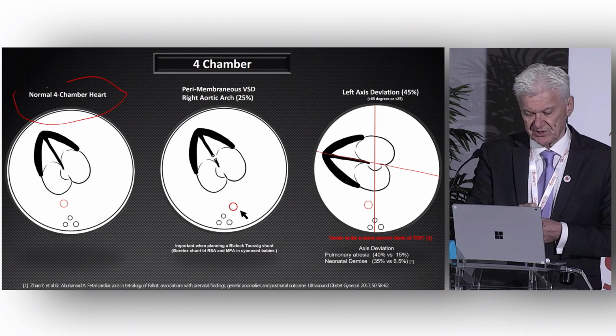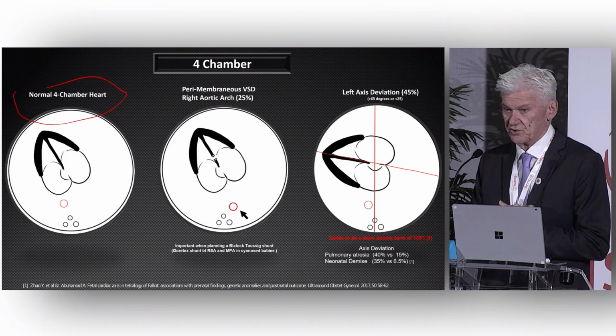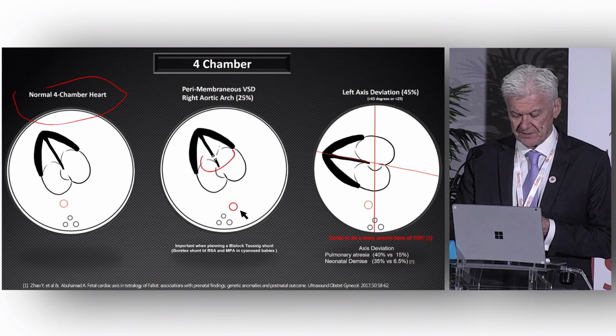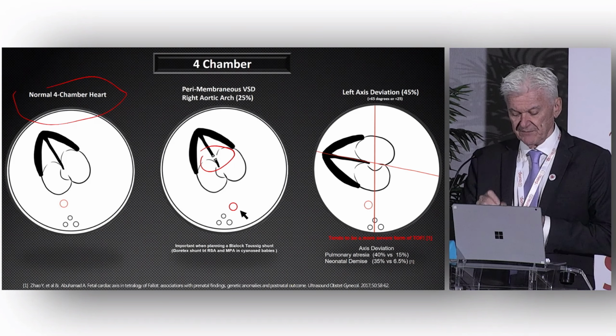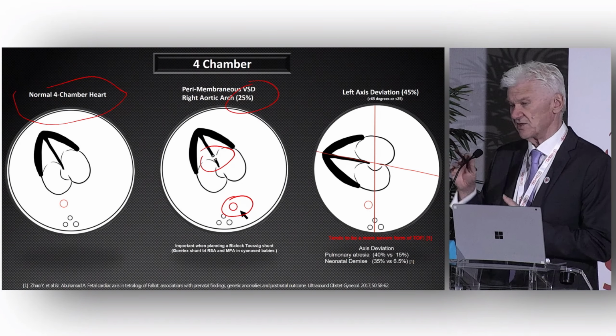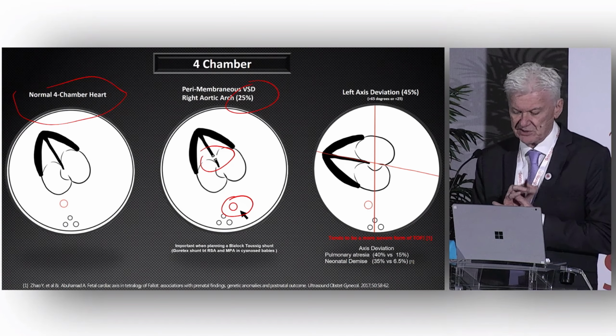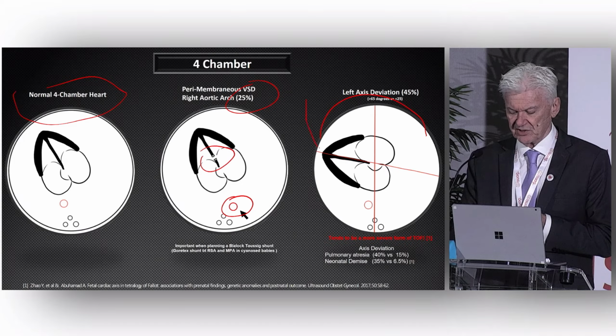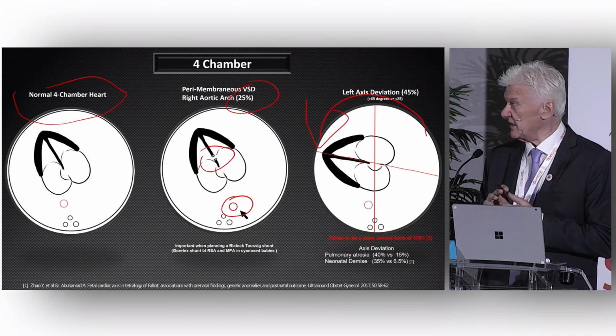So many babies with Tetralogy of Fallot will be completely normal in a four-chamber view. You won't see anything. The more experienced operator will pick up that there's a ventricular septal defect, or may pick up a right aortic arch, which is in about 25%. And when you see a right aortic arch, it is more likely to be pulmonary atresia, so just bear that in mind. And then axis deviation is the other marker, which may also be a clue.